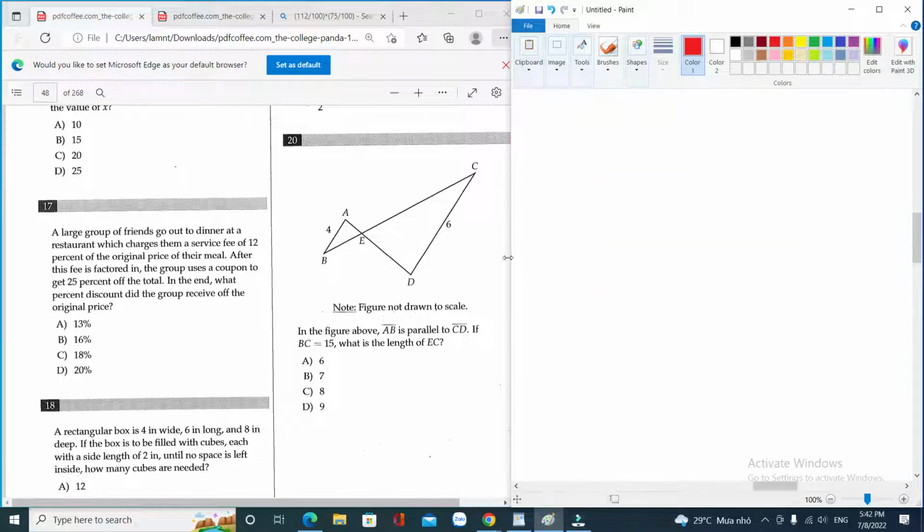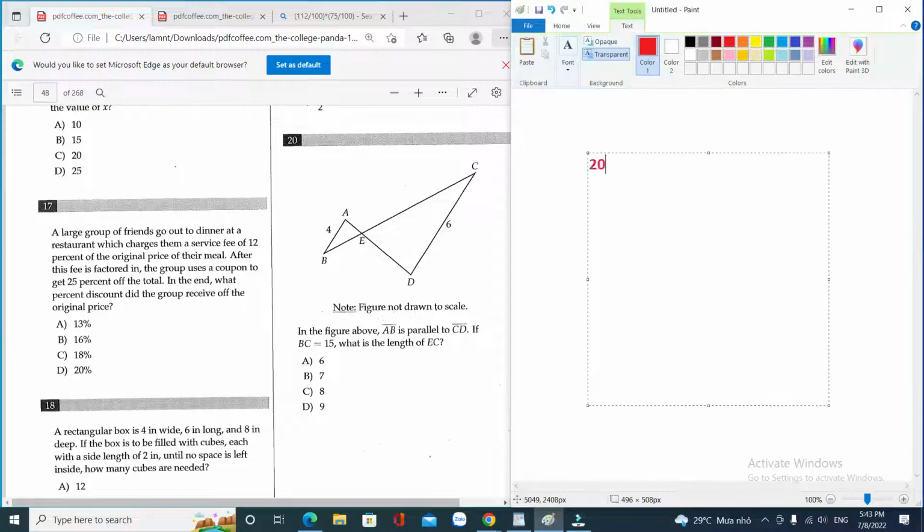Okay, number 20. AB is parallel to CD. If BC is equal to 15, what is the length of EC? In this one we're going to use Thales theorem.